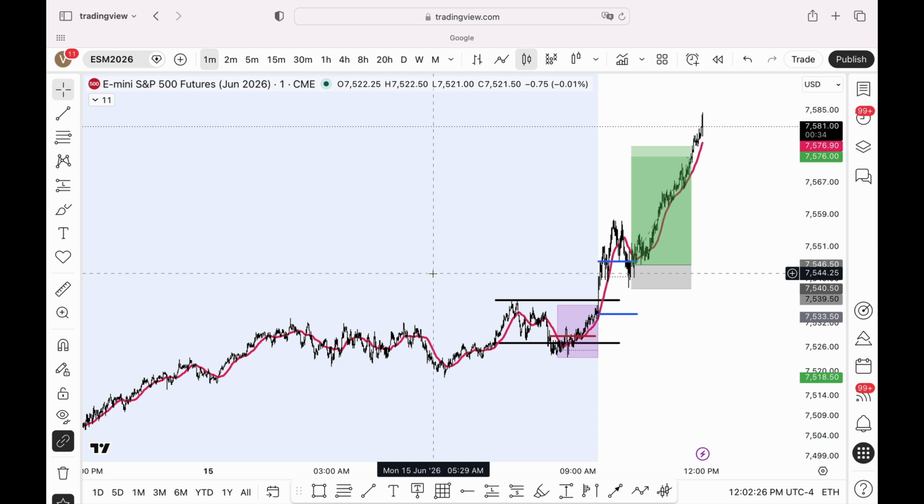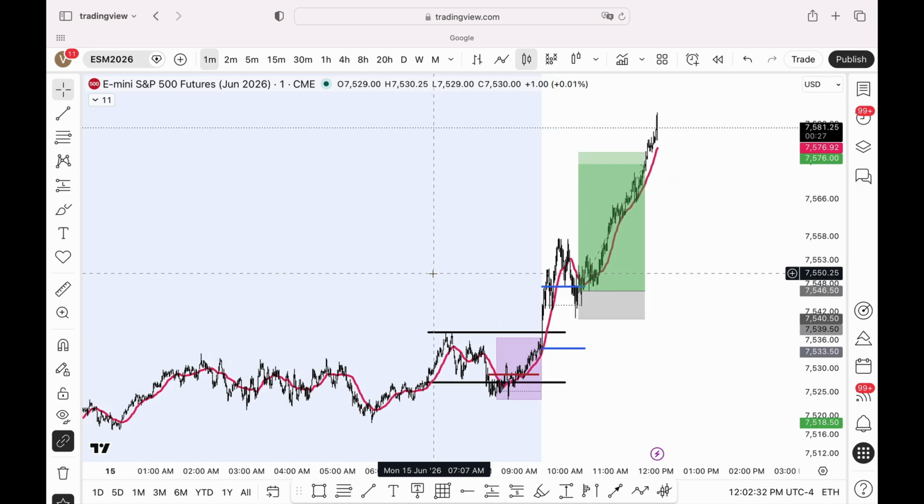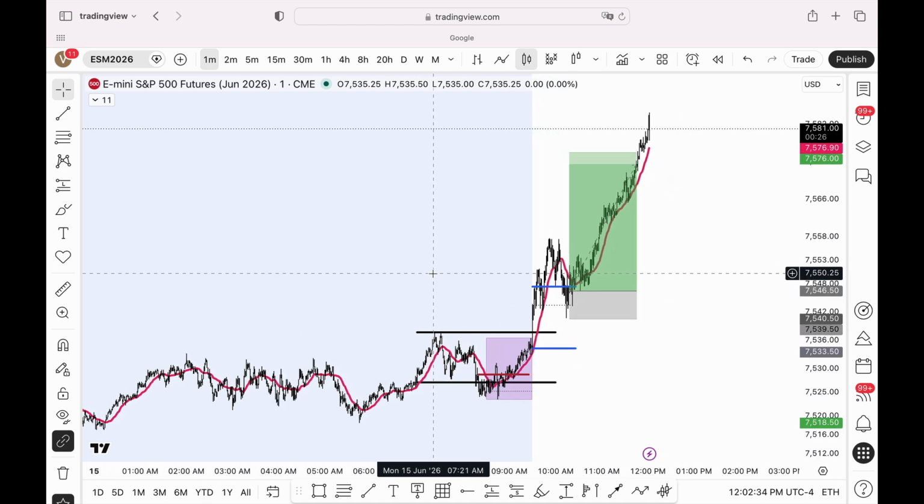So my bias was bullish. That means that when I get the breakout, which is the first 5 minutes, the opening range breakout, when I had a score of 1, that basically told me there's an opportunity there. If price breaks out in my direction, which it did, I was bullish. Price broke out upwards, which meant it was in my direction.